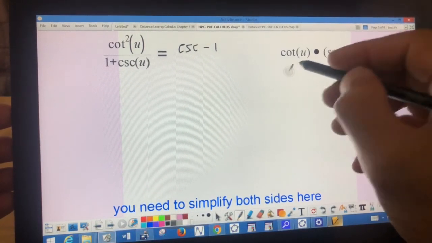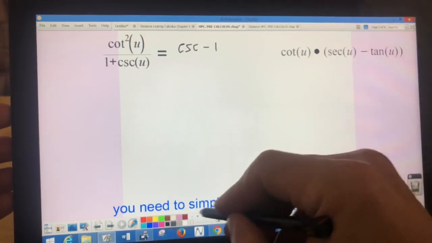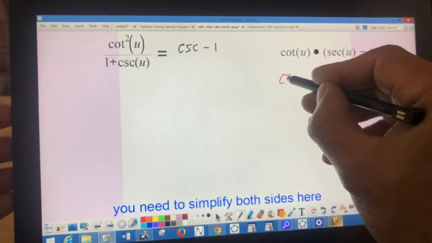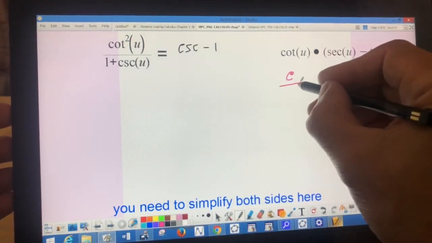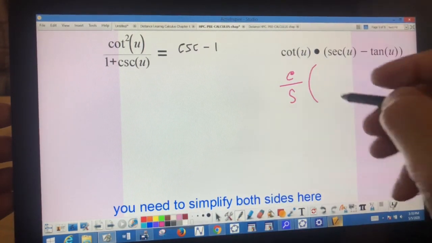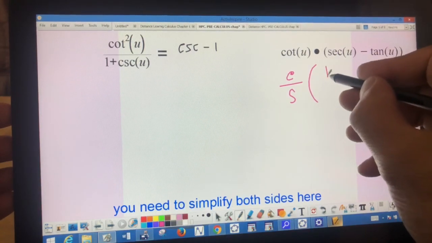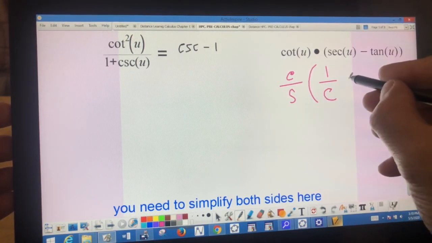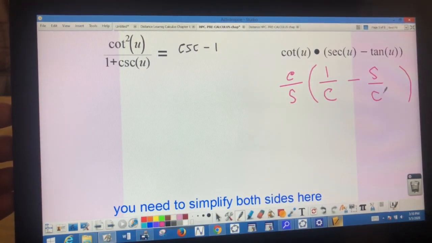Cotangent is cosine over sine. So I'm going to change it to cosine over sine. That's cotangent. That's timing with that whole thing. So this would be secant is 1 over cosine minus tangent is sine over cosine.